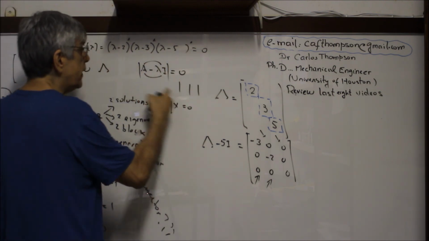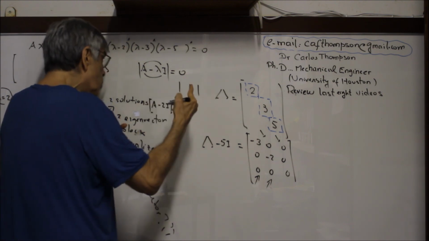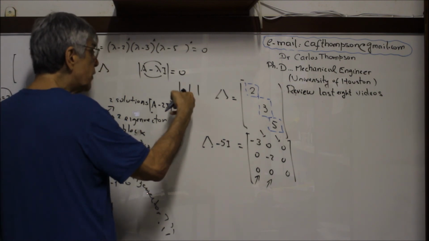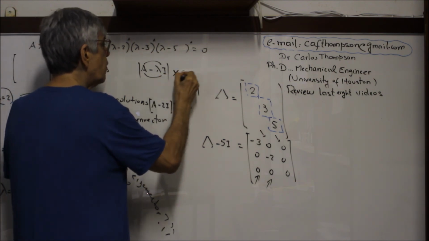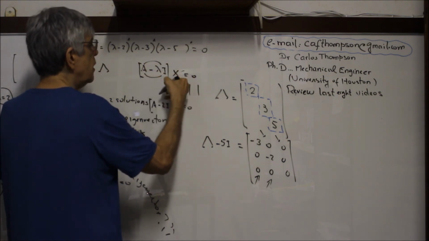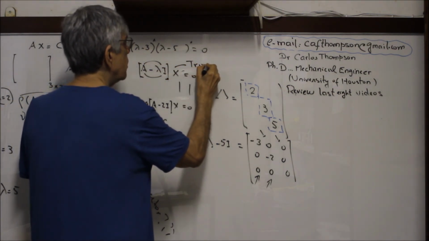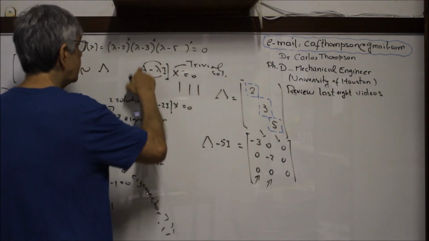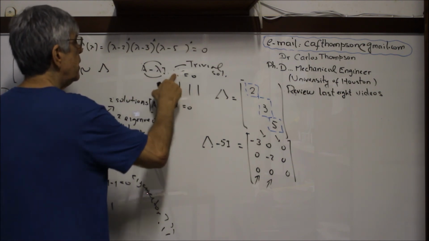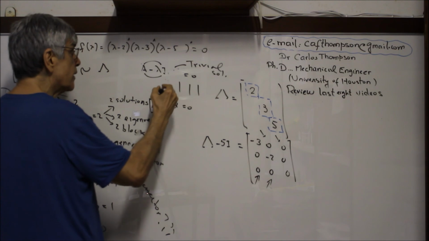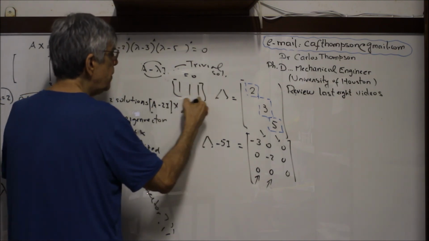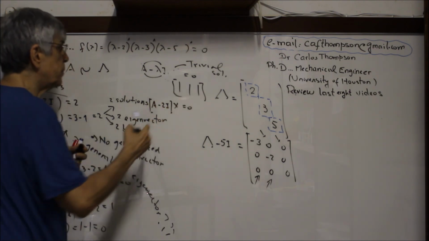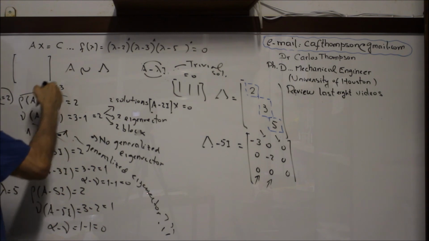This matrix here cannot be 3. Suppose it has 3, which is absurd. If it has 3, the solution of this homogeneous equation will be unique, will be the trivial solution. So that's why we impose the determinant of A minus lambda I is equal to 0, such that we'll never have 3 linearly independent columns here. So the rank has to be less than 3.